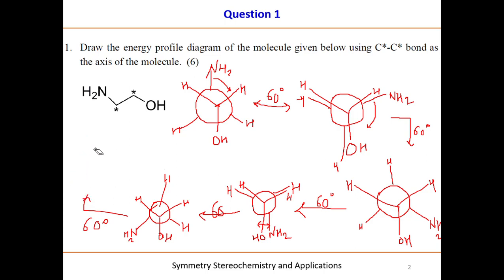Sorry, we will get the eclipsed here, because from staggered to eclipsed we get by 60-degree rotation. So here I will draw the eclipsed one. One carbon will remain as it is. The other one I will draw here. This is OH. Then H.